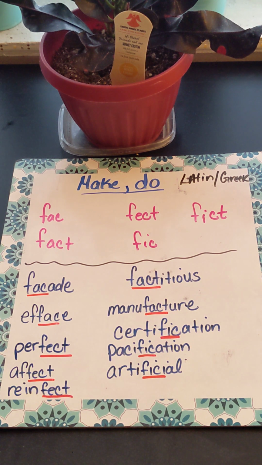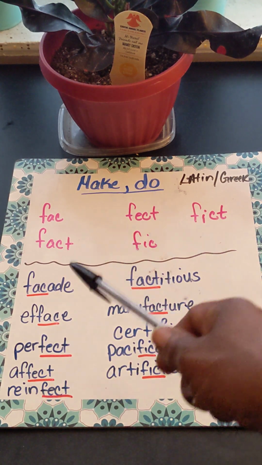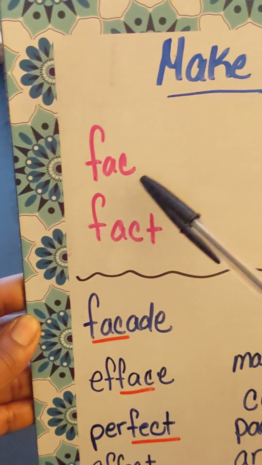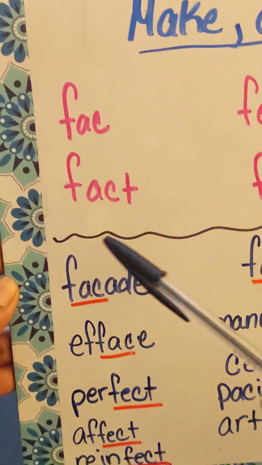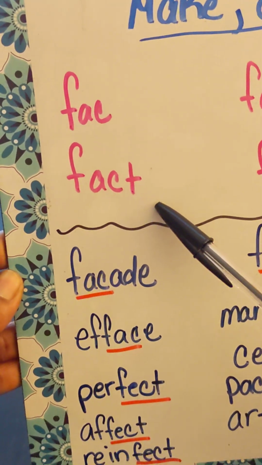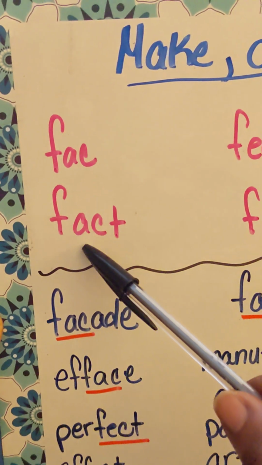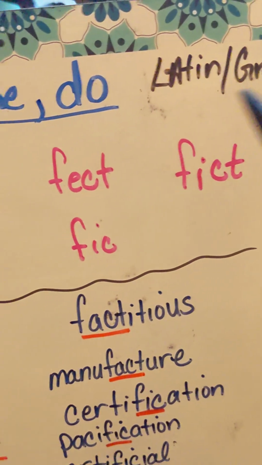All right, y'all. So without further ado, make and do. Let's bring this a little closer. FAC, FACT, fact, which means make or do in its root from Greek or Latin.